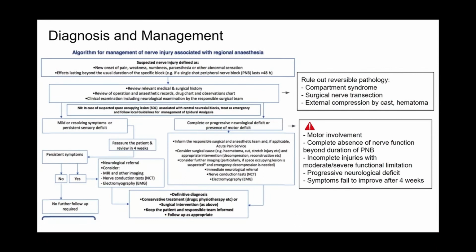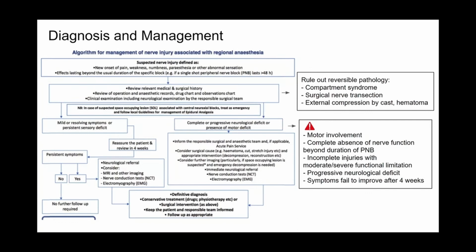Moving on to the diagnosis and management of peripheral nerve injury. The algorithm shown in this slide is an outline of the management of nerve injury associated with peripheral nerve block, published by Regional Anaesthesia of the United Kingdom in 2015.